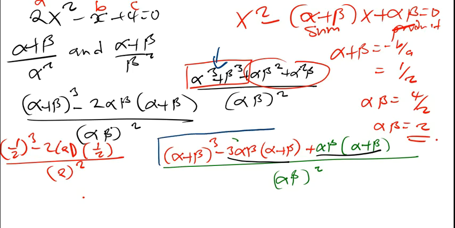Are we together there? But we have factored out this part and it has given us this. I hope you are following there. Now you can clearly see that this guy is basically the same as this guy, so it can be added. -3 alpha beta plus alpha beta is -2. That's where this is coming from.